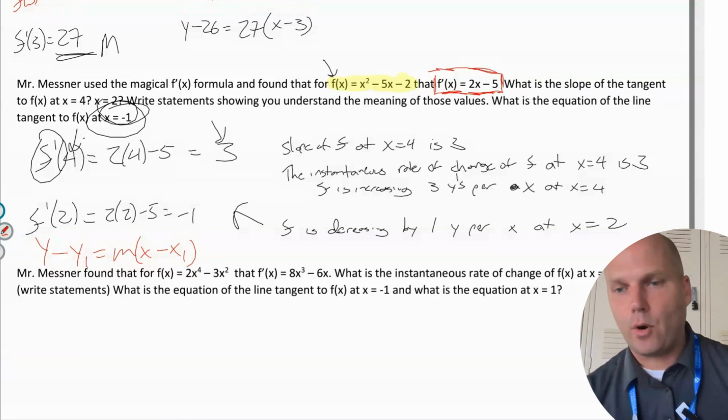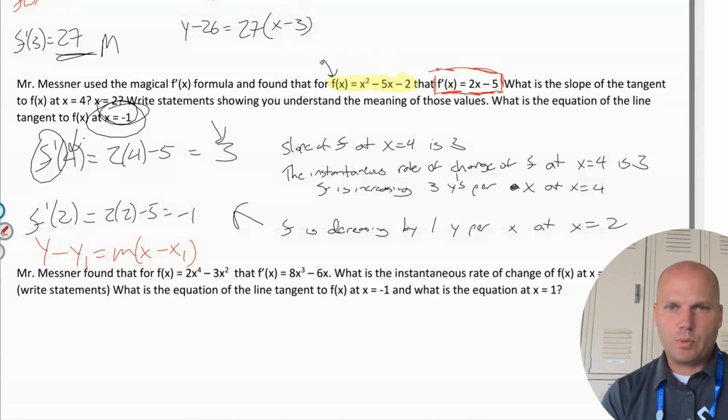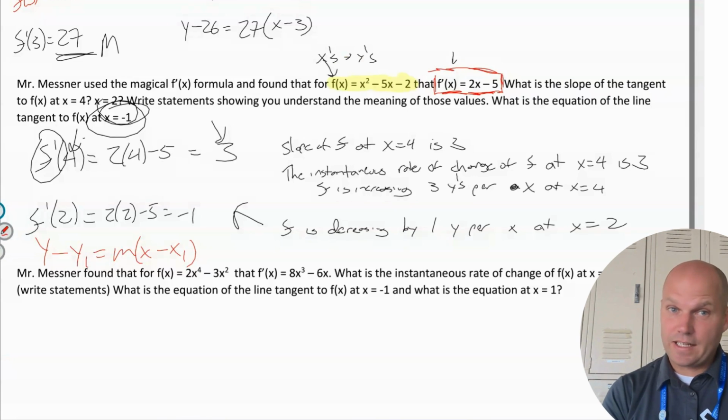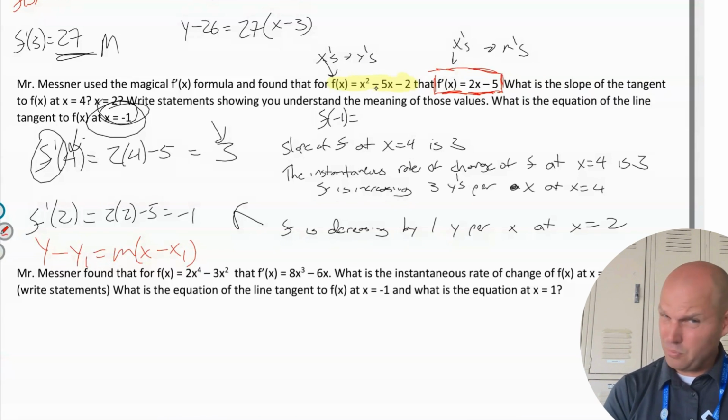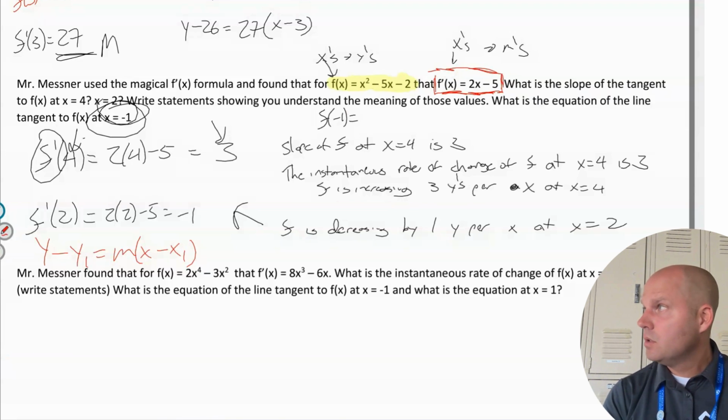So now I need a point and a slope. Well, remember, you plug in x's, you get y's. You plug in x's, you get m's. All right, so I just need an x. Okay, negative 1's my x. I need a y, plug it in here. I get 1 plus 5 minus 2, which is 4.